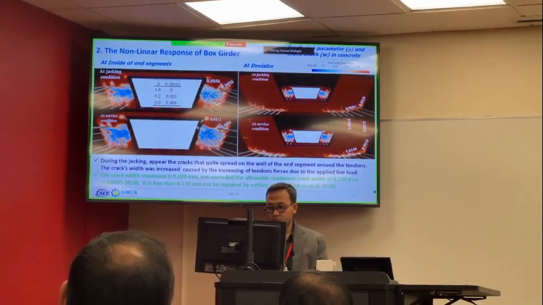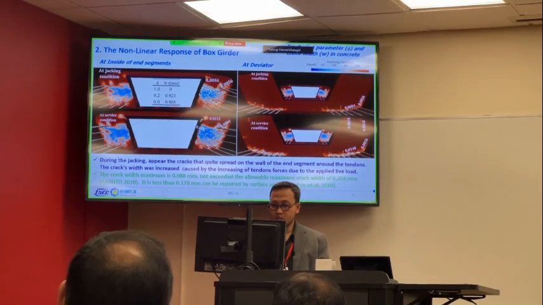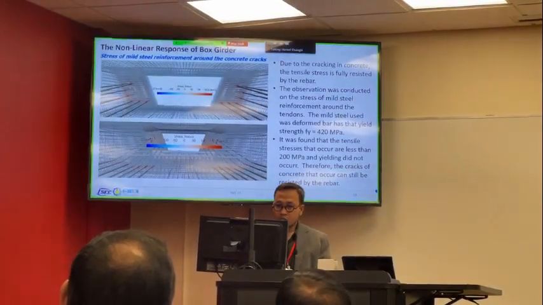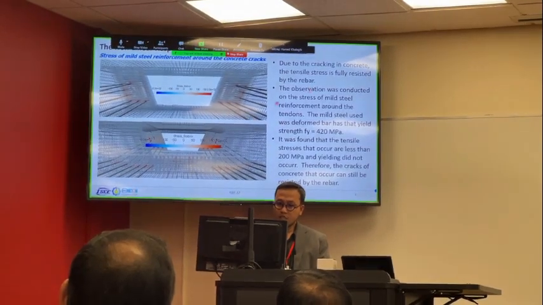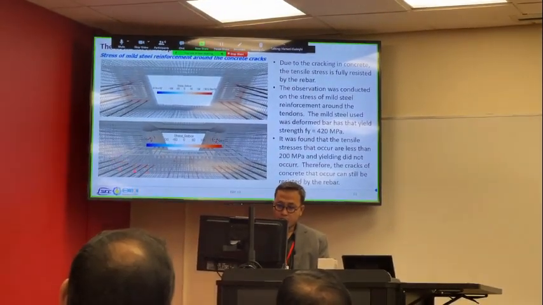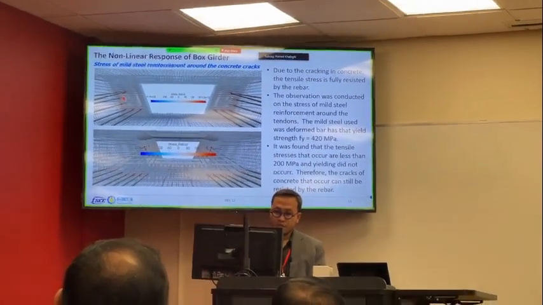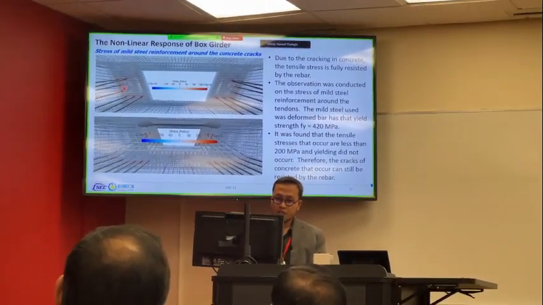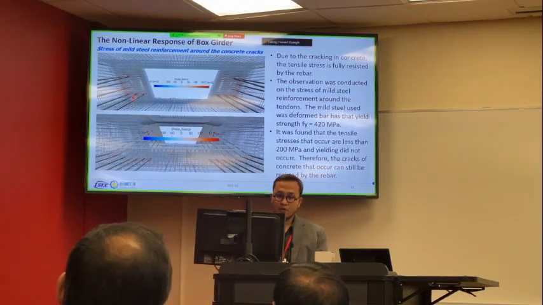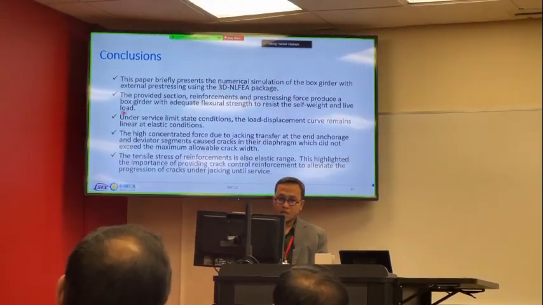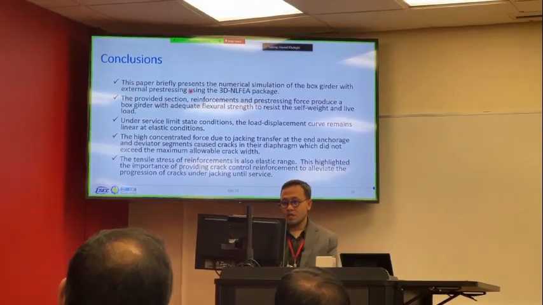And for the repair, maybe we just use surface sealing. And regarding the stress-strain in the reinforcing steel, this figure shows that the steel is under the yield stress, so it is no problem. And then the last is the conclusion.